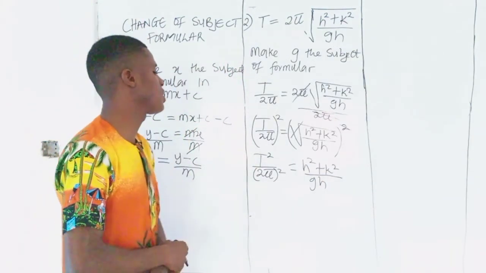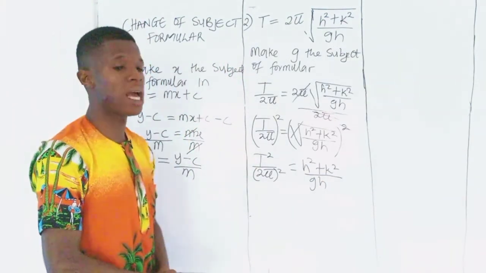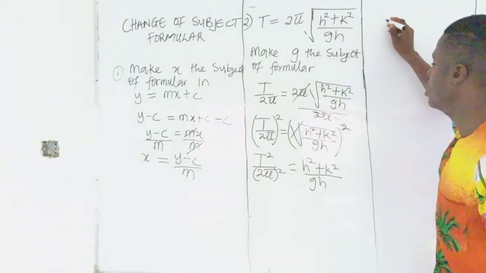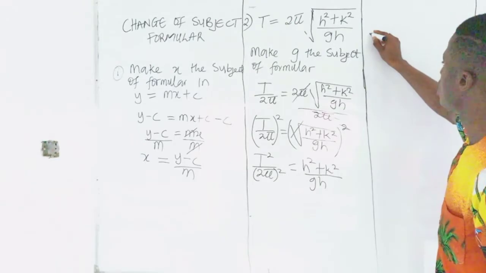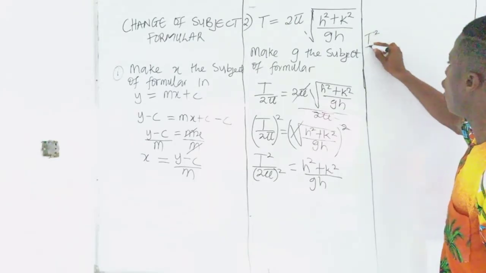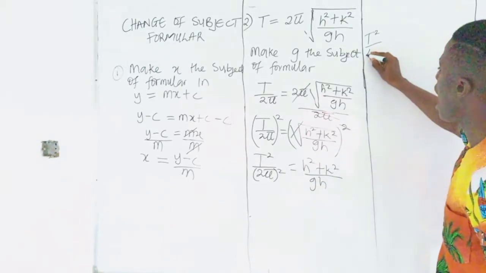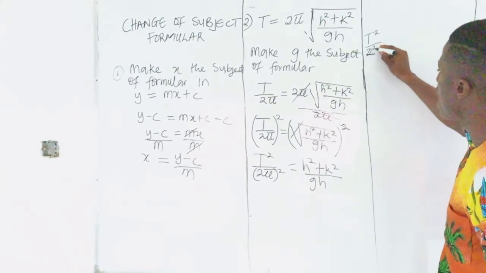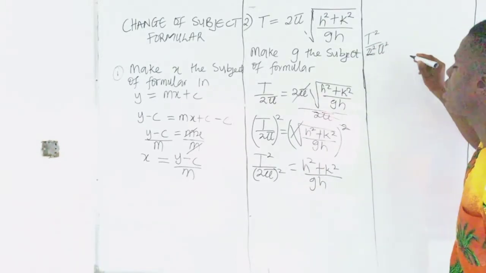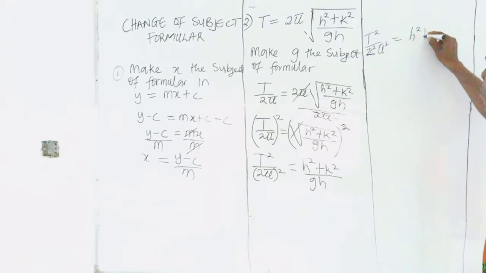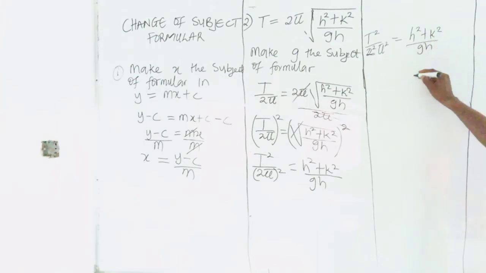If the square enters this bracket, I have 2 squared pi squared is equal to h squared plus k squared all over gh.